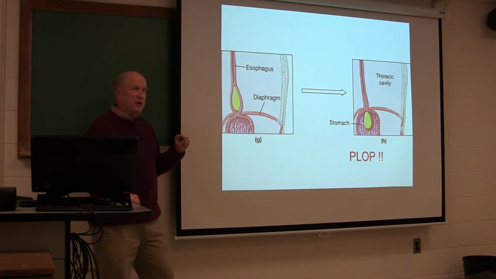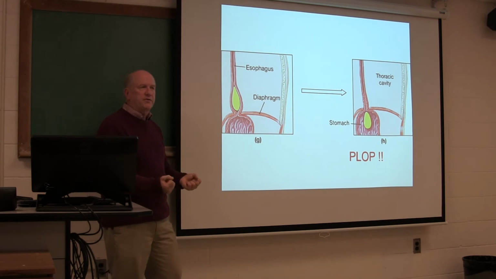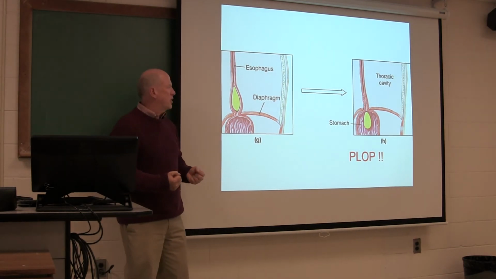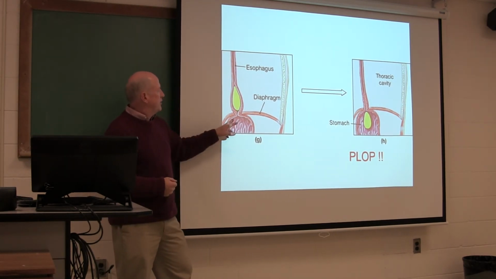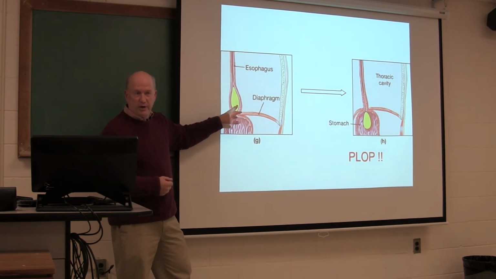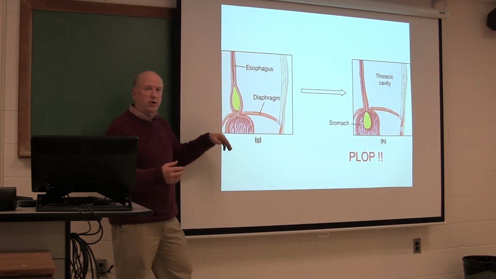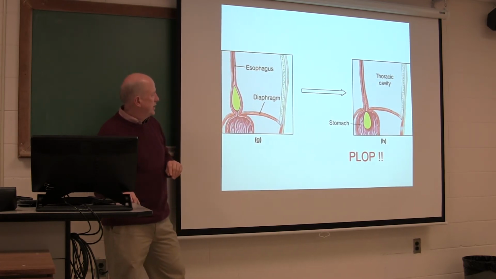We'll see a slide later on about how sometimes, if you get pushed real hard with lifting or really hard compression, the stomach pushes back up through the diaphragm and you have a little bit of stomach up here. It's called a hiatal hernia. And we'll see a better slide a little bit later.